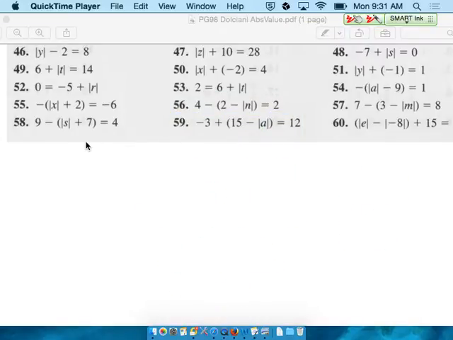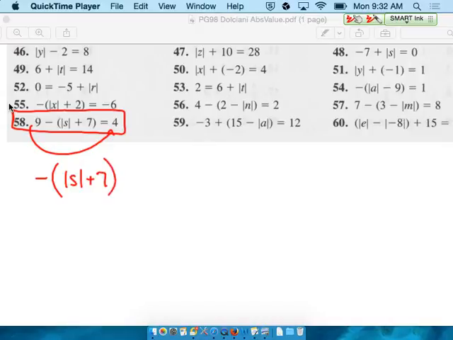Let's do one more on the video. I think you probably get the idea by now. Let's do number 58 on the video. And the first thing I'm going to do is subtract 9 from both sides. And then I'm going to have this. 4 minus 9 is negative 5.